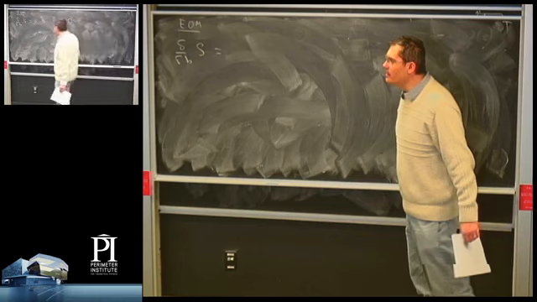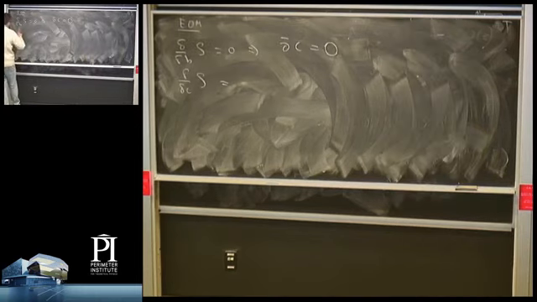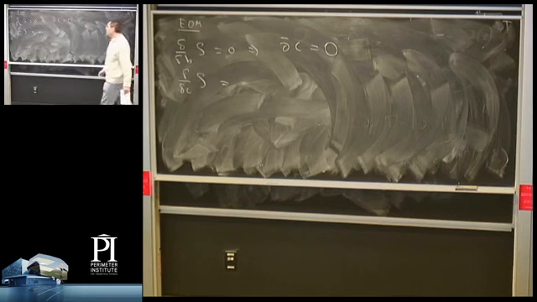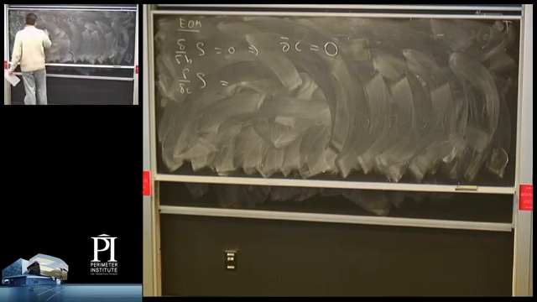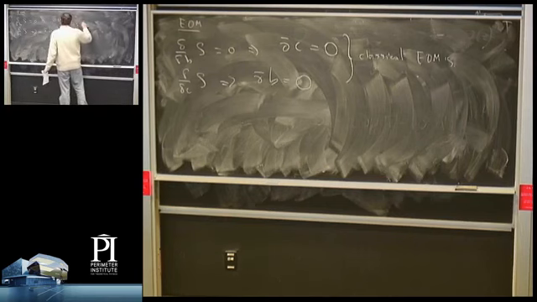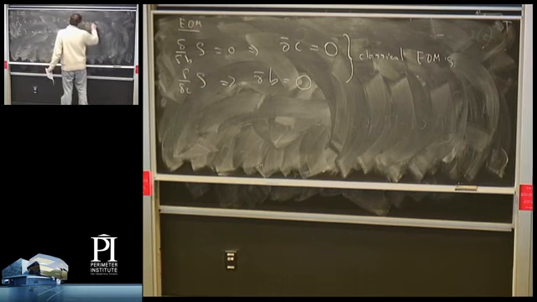And then the second thing, I have to derive an equation for B. So I vary the action with respect to C. And it's clear that after integration by parts, I will get del bar B equals 0. So those are classical equations of motion, right?